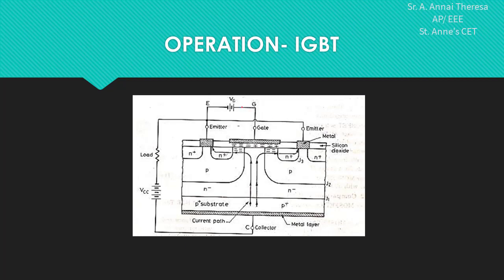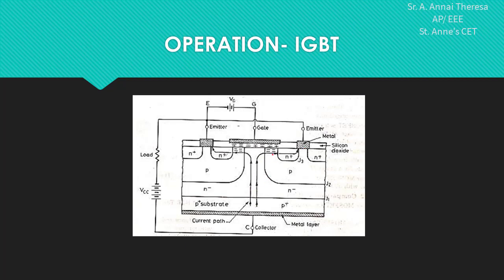Now let us give a positive gate signal, that is the gate is connected to positive with respect to the emitter. When we give this VGE voltage, it acts as a capacitor, so it forms charges. There will be negative charges formed in the P region. Due to this the collector current starts flowing from collector to emitter.